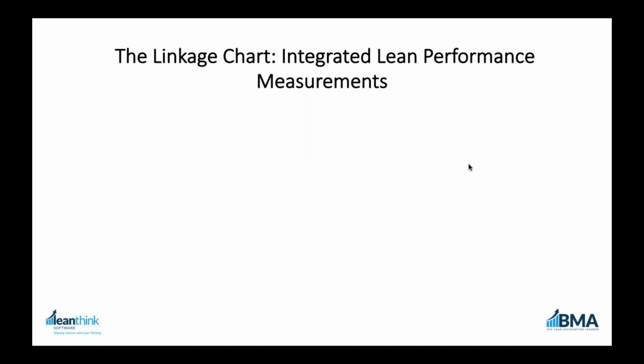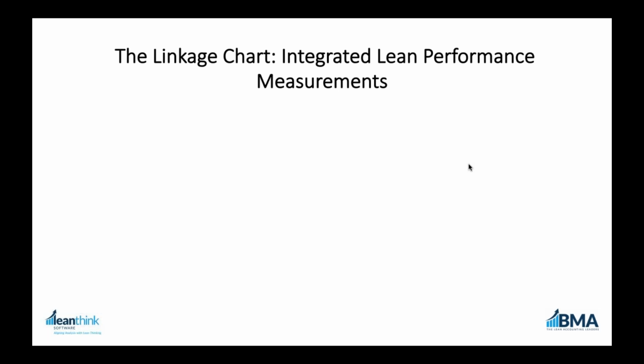So now let's talk about the linkage chart. Now, the linkage chart, this is a process, and it's a way to create a framework for an integrated performance measurement system. When we work with companies to help them develop their performance measurement system, this is the process we work.